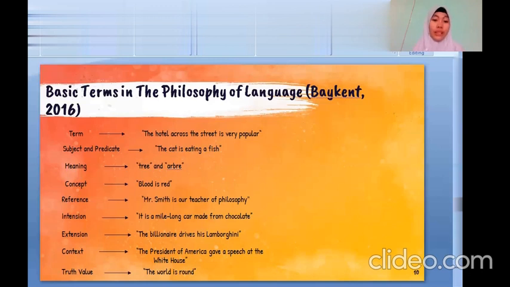And next about intention and extension. Intention is a logical condition or definition that determines the set of all possible things that can be explained by a word or phrase, while extension is the set of all actual things described by a word or phrase.